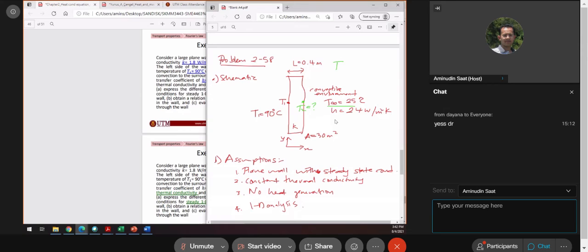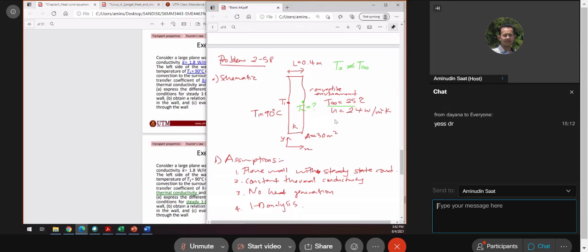So T2 is not equal to the T surrounding. Probably T2 is close to the T surrounding but not 25 degrees Celsius. So how to solve this?